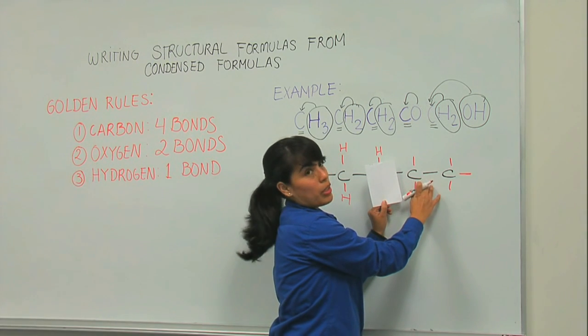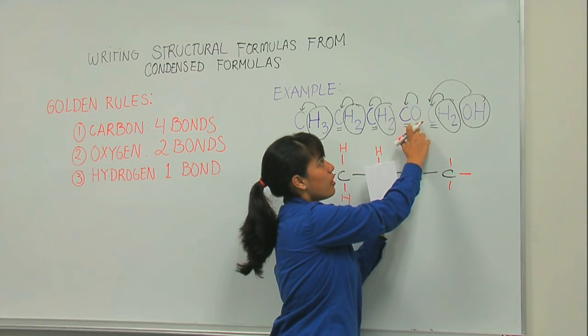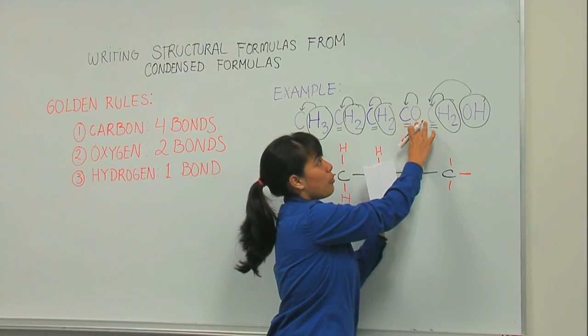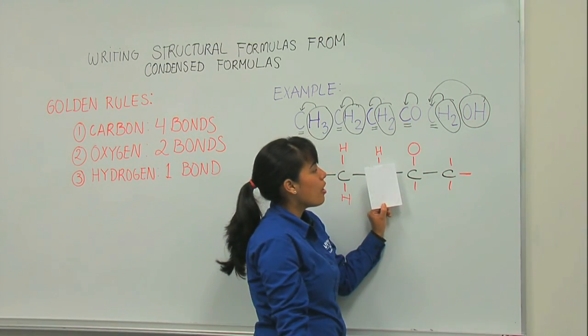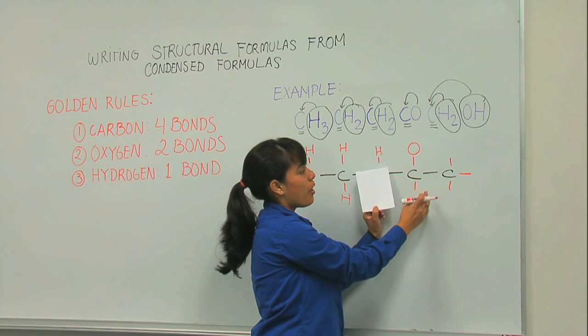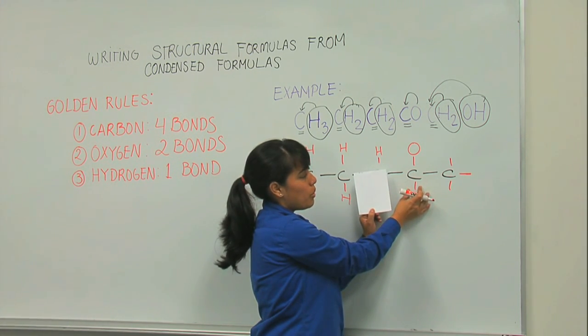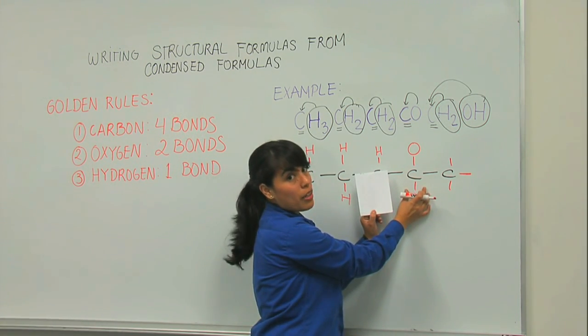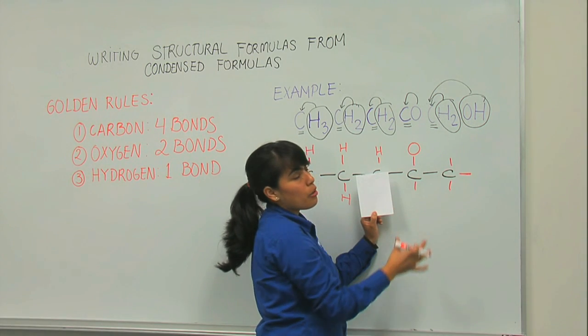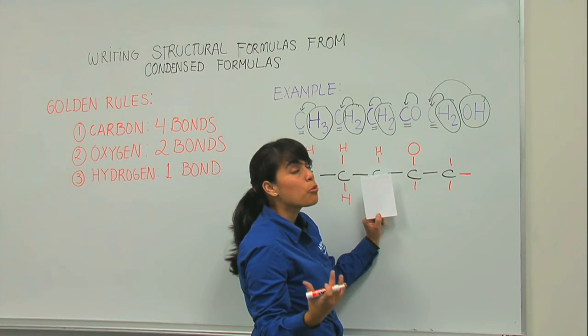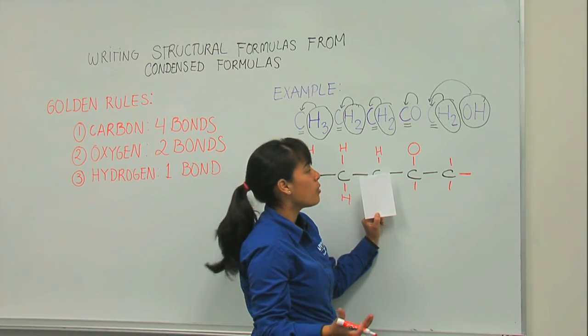And then this carbon here. Now this carbon is tricky because I only need 1 oxygen attached to it. So I put it here. But the problem is that if I do that, this bond would not be used. So technically speaking, carbon would have 3 bonds. That's violating rule number 1. And also my oxygen atom only has 1 bond, and that's violating my rule number 2 because oxygen must have 2 bonds.